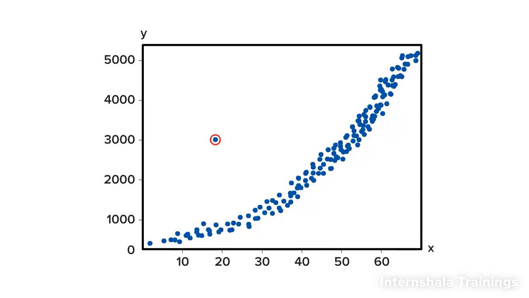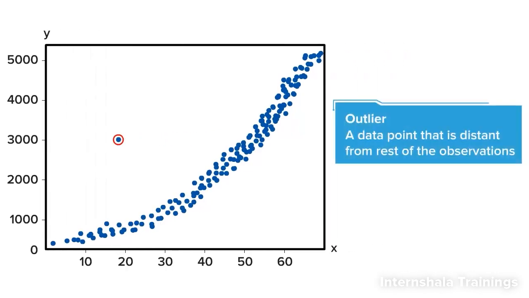However, it is still an outlier as it is distant from the rest of the data points with similar values of the x variable. So remember that in the strictest sense, an outlier means a data point that is distant from the rest of the observations. Though in this training, we would be looking at only those outliers whose values are very different when compared with the rest of the data points of the same variable itself and not in the context of another variable.